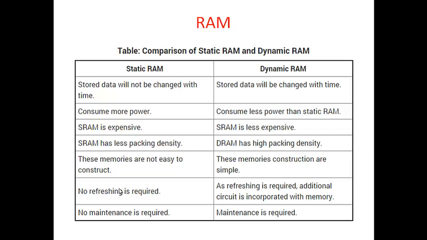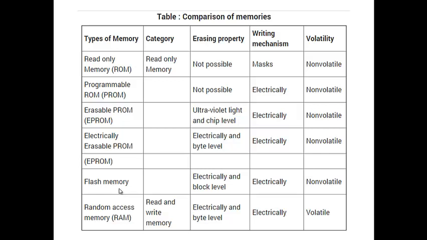Static RAM is not easy to construct, whereas dynamic is easy to construct. No refreshing is required in static because you constantly store the same thing, whereas refreshing is required in dynamic. And since there is no refreshing, there is no maintenance in static; since dynamic continuously refreshes, you should have maintenance.